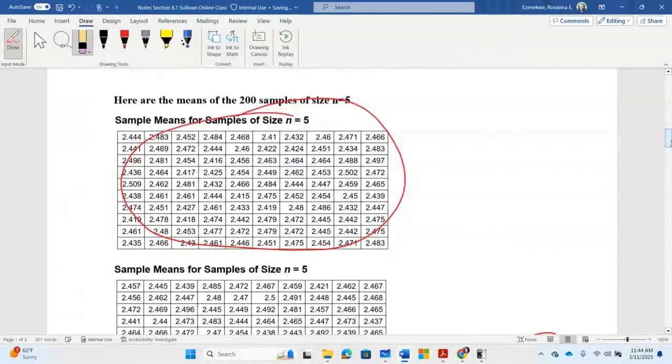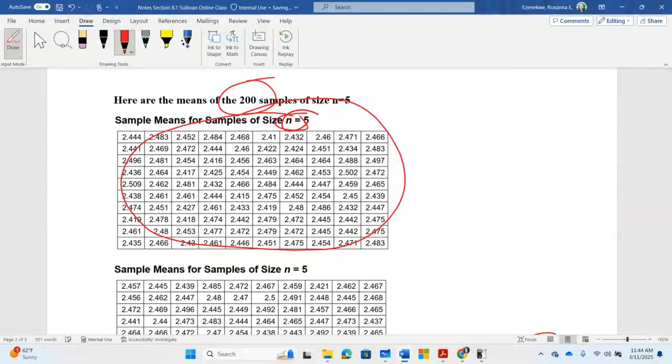That's the picture I'm talking about here. So the first picture is that I could be given a sample of 200, maybe the sample size is something, but I make 200 samples out of it. If I make 200 samples out of it, and then find the mean of each small sample.